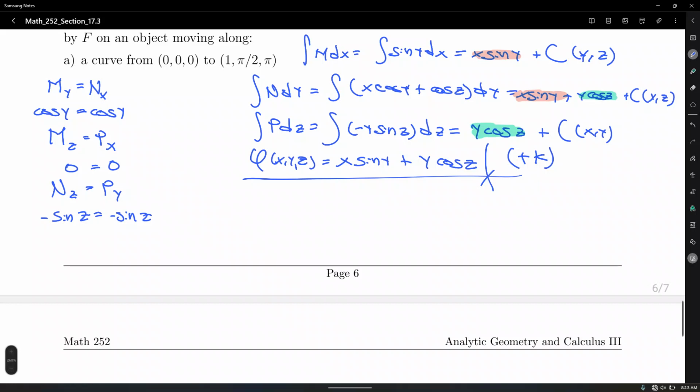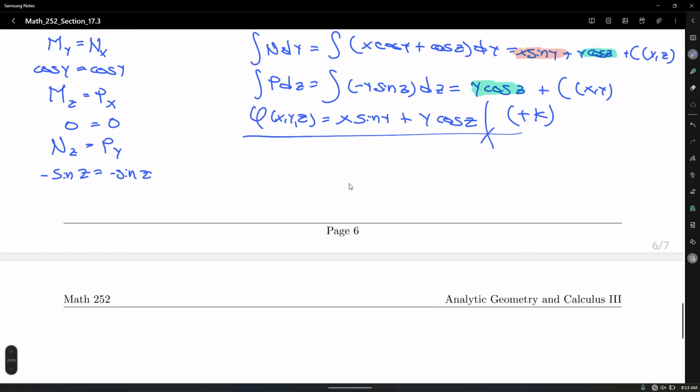Let's evaluate the line integral using the fundamental theorem of line integrals, because again, the force field, the vector field is conservative. That means any line integral using this force field will be independent of the path. And we will be able to use the fundamental theorem of line integrals.